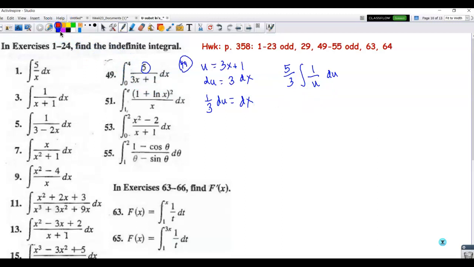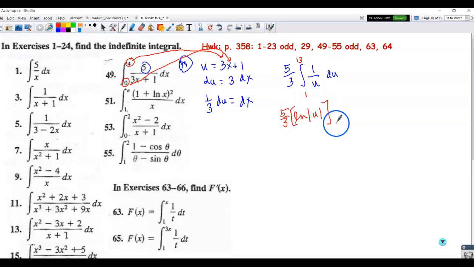Now I'm going to change my bounds, so a 0 in terms of x becomes a 1 in terms of u, and a 4 in terms of x becomes 12 plus 1, which is 13 in terms of u. I'm going to find the antiderivative. There's my coefficient of 5/3, ln absolute value of u.